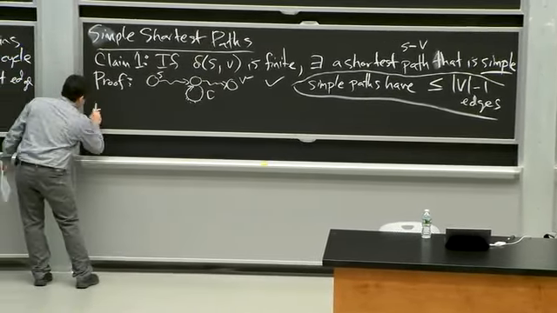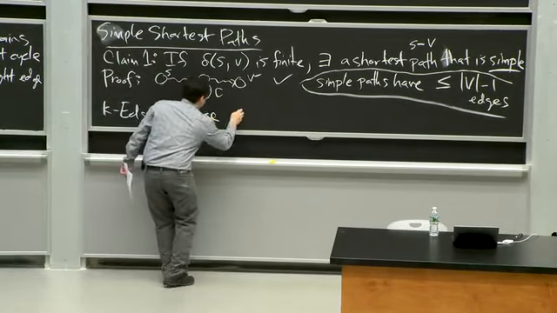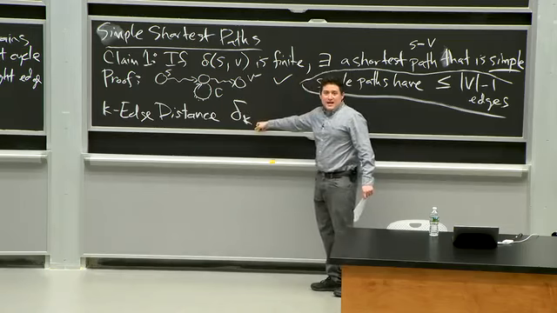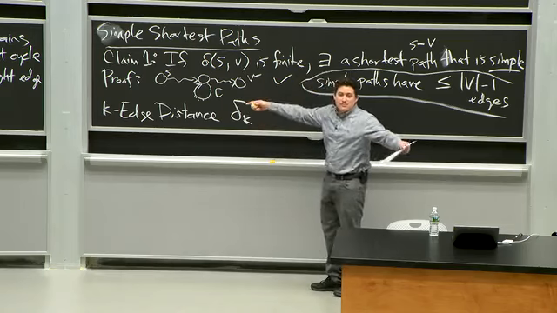distance. And I'm just going to provide a little notation here. Instead of having a delta, I'll have a delta k here. That means how many edges I'm limited by.